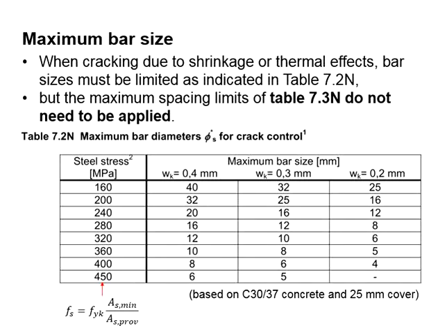How about the maximum bar size? The maximum bar size is meant for crack control. You will need to estimate the stress in the steel bars and then determine the maximum bar size. This may not be an issue because normally when we provide the reinforcement for the slab, we tend to use a smaller bar size.